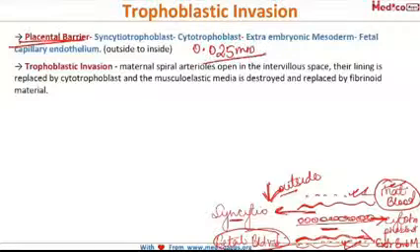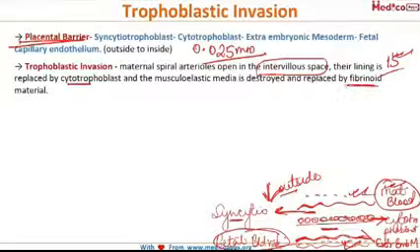Now, let's come to the trophoblastic invasion. What is this? The maternal spiral arterioles open into the intervillous space on the 15th day after fertilization. Now, the lining of these spiral arterioles is replaced by the cytotrophoblast, and the musculoelastic media is destroyed and replaced by the fibrinoid material, that is the degeneration of the syncytiotrophoblast.